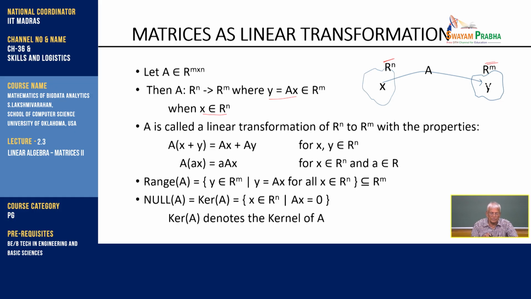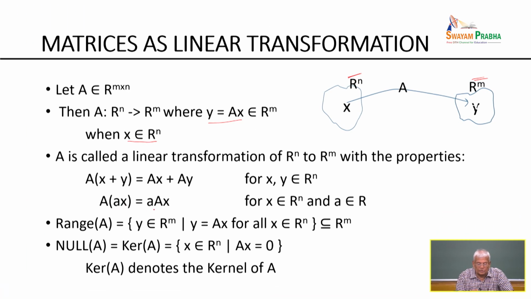What are the properties? A of x plus y is A of x plus A of y for all x and y in Rn. A of little a times x is equal to a times A of x. That means if I multiply the vector by a constant a and then transform it, it is equivalent to multiplying the transformed vector by a.